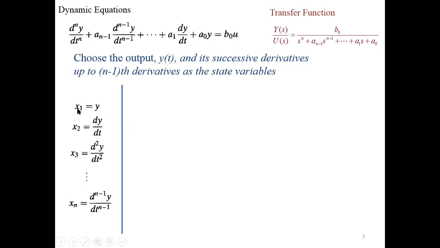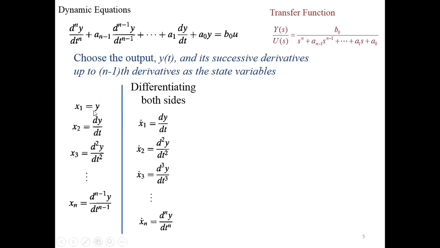y will be equal to x1. We will take successive derivatives up to the n minus 1 derivative. So we then use the phase variable to solve this, and we will again take the derivative, or x1 derivative will be equal to dy by dt.